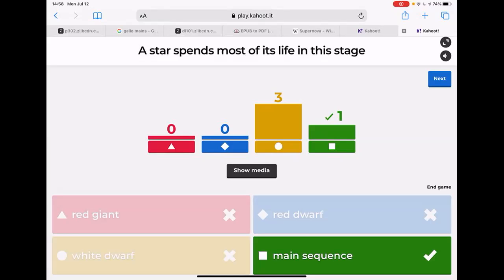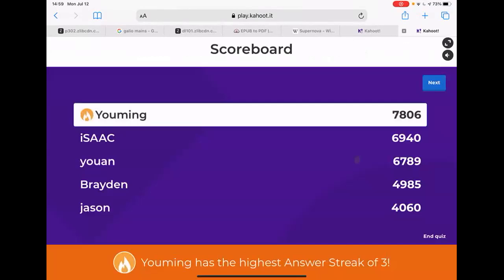So the technical answer is white dwarf. So you guys should be right. But it's also true the main sequence is a little like, again, it's a difficult question. But we'll definitely talk more about it in the next class when we talk about white dwarfs, black holes, and neutron stars, stuff like that.